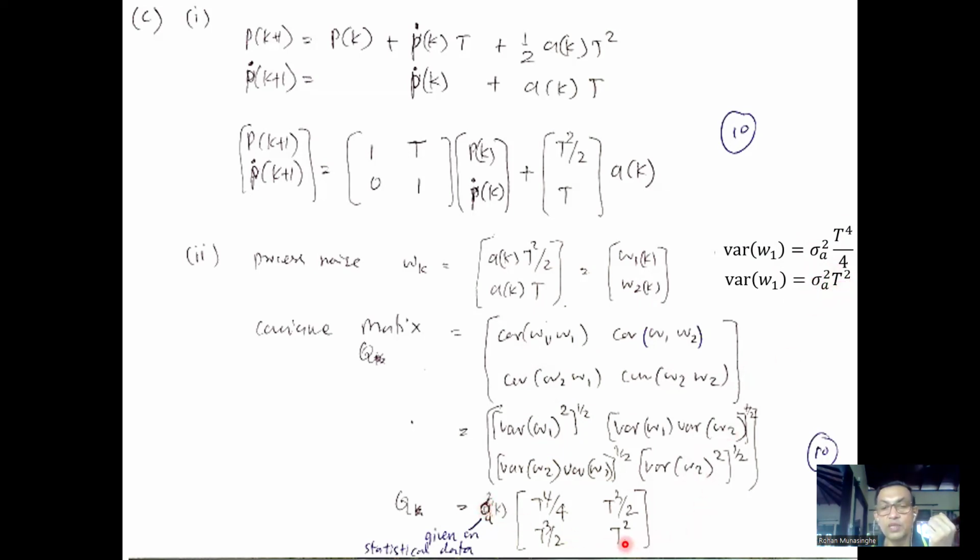Sigma a square is a common term, so I take it out of the matrix. Now the top right element is the variance of W1 times the variance of W2. You multiply the two together and then get the square root. When you do that, it will be t to the 3 over 2 here and here. All right, so this is your process covariance matrix.